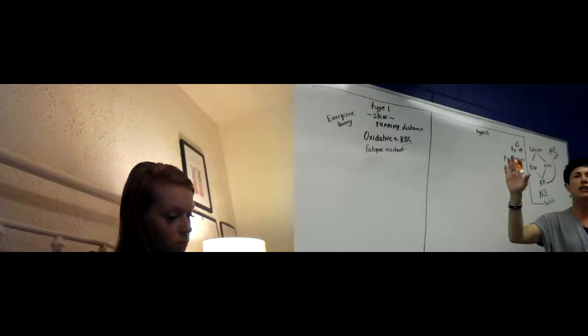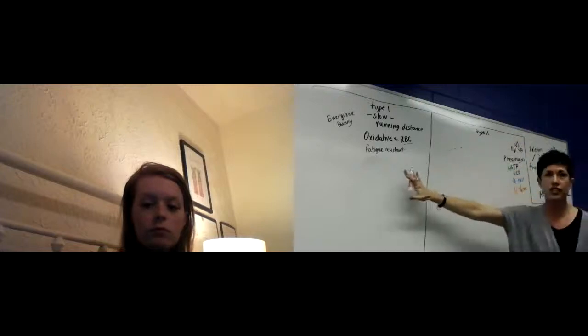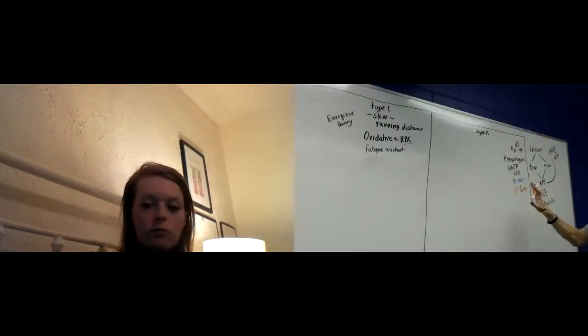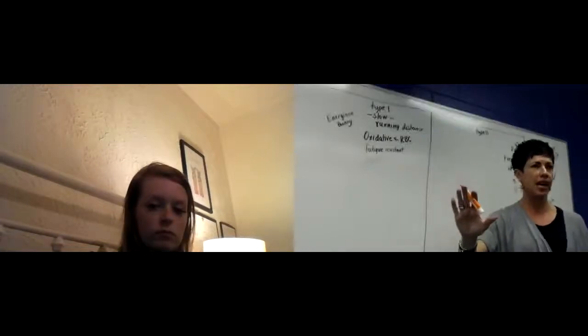Now, all of these things come to play. Also, one thing to remember is every single time that you start any activity, you always start in the phosphagen system. Okay? Now, what happens when you run out of ATP?